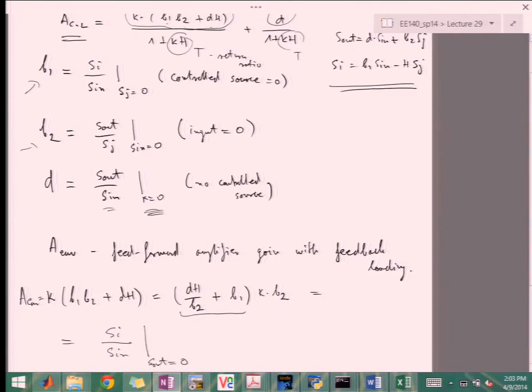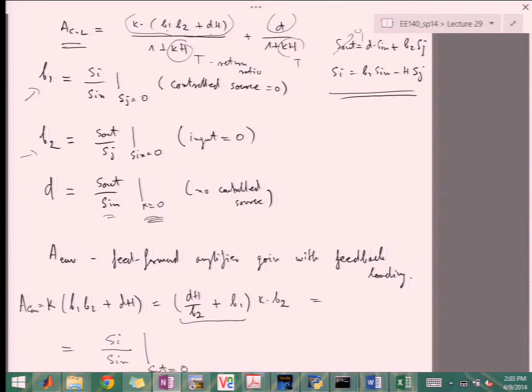If S out equals 0, then Sj becomes minus D S in over B2. And then Si is B1 S in plus DH over B2 S in, right? So Si over S in for S out equals 0 is B1 plus DH over B2.